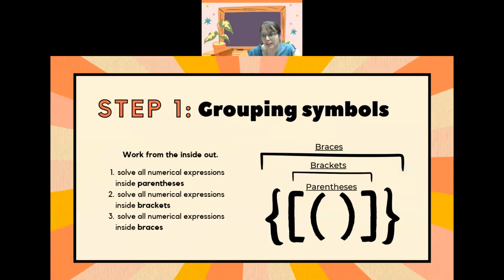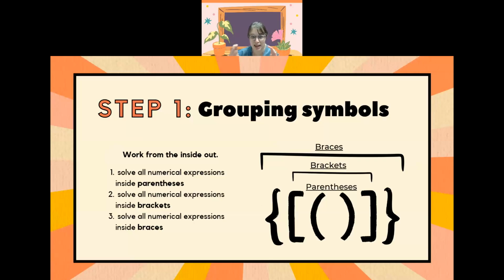Grouping symbols are always going to be first. These are your different options: parentheses, then brackets, which are the little square ones, and then braces, which are the ones with the little curves in them. You will work from the inside out. You will solve all numerical expressions inside parentheses, even if there are exponents in the problem.